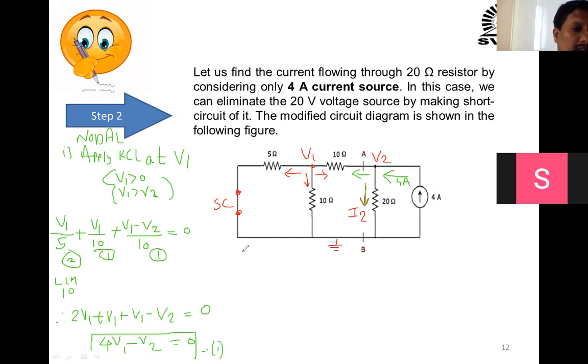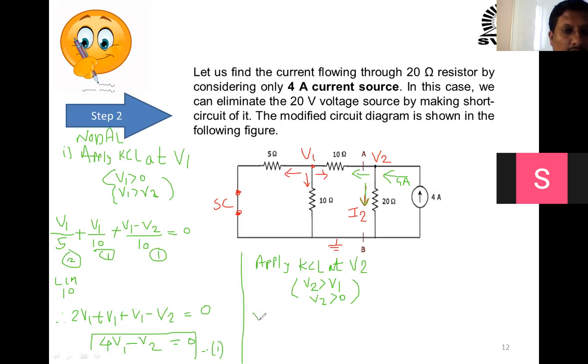The next one, similarly apply KCL at V2. So we have to assume that V2 is greater than V1 now, and for this branch, V2 is greater than 0. For the third branch, the current is already given.